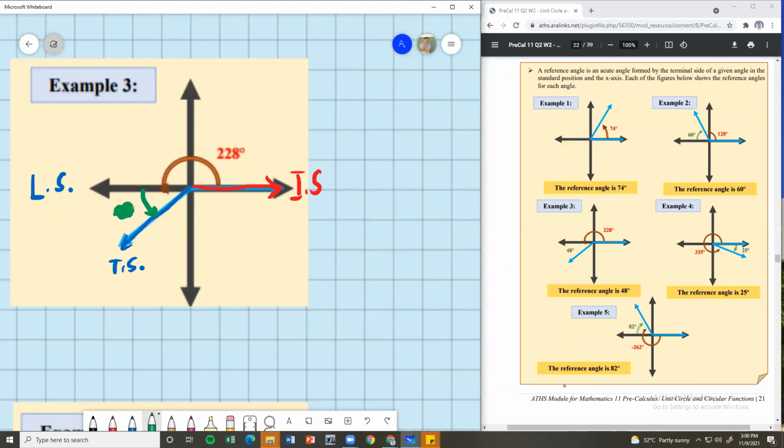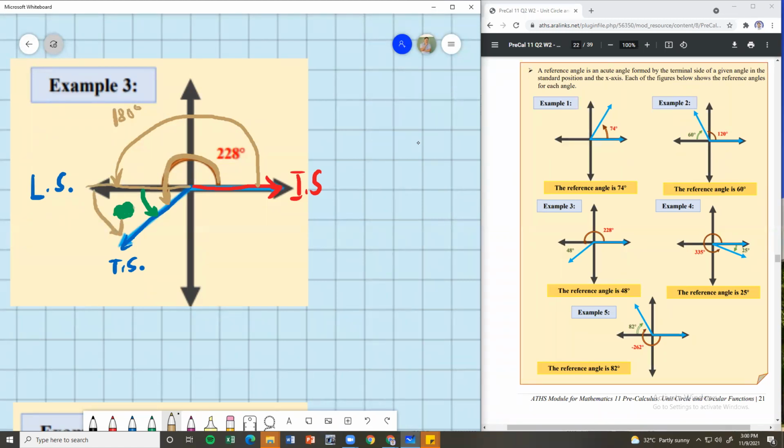The whole measurement here, look at this. This is 228 degrees. And the semicircle here is 180 degrees.